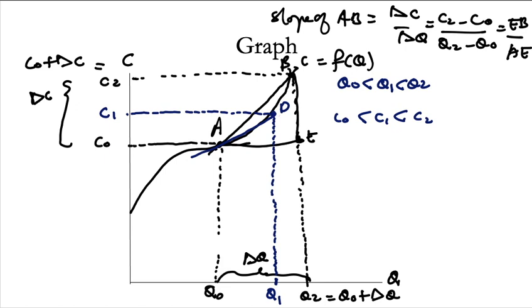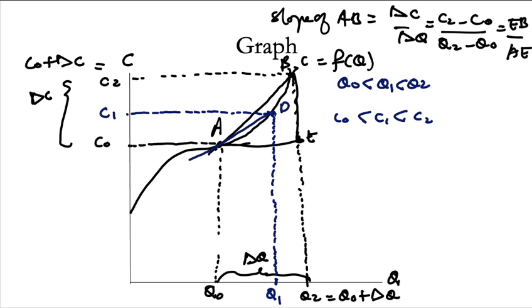Let me redraw it again, yeah, to make it nicer. So we draw a line that passes through A and D. Okay, let's redraw it again so that it looks nicer.